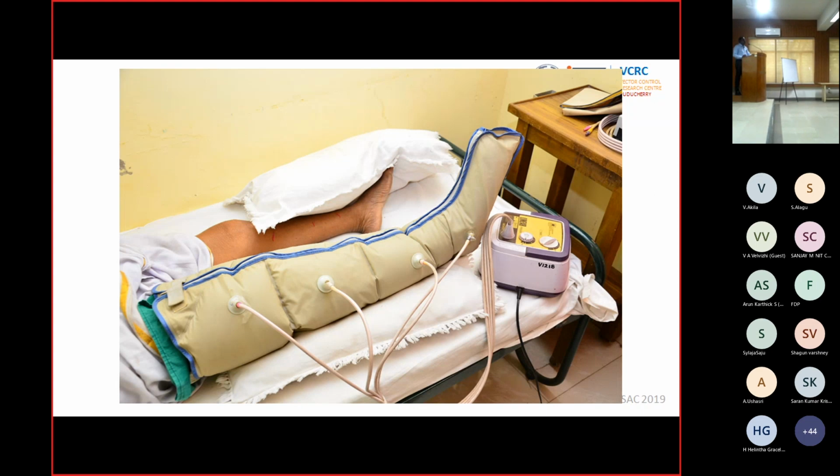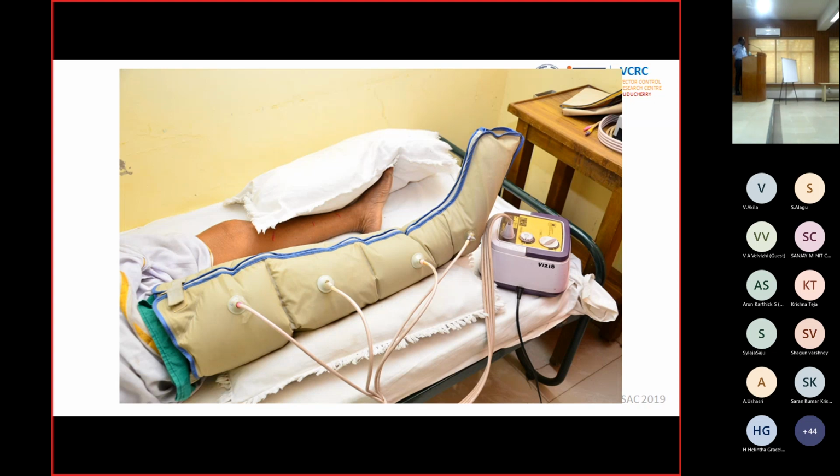How it functions is that we are replacing the manual massage with the mechanized machine. It is a sequential compression machine. What happens is, initially the proximal compartment gets inflated at a particular pressure, so that it pumps part of the limb. Subsequently, it gets deflated, and the next compartment gets inflated, and it presses that particular part of the limb.